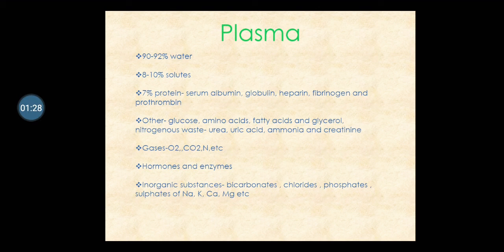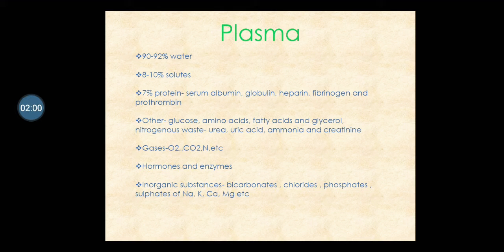Let's see plasma, which consists of 90 to 92% water, 8 to 10% solute, 7% proteins like serum albumin, globulin, heparin, fibrinogen, and prothrombin. Other materials like glucose, amino acids, fatty acids, glycerol, nitrogenous wastes like urea, uric acid, ammonia, and creatinine.